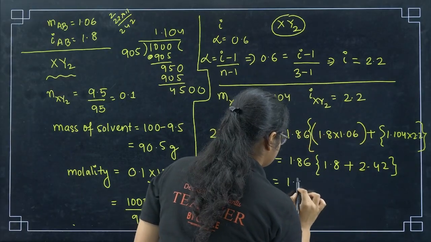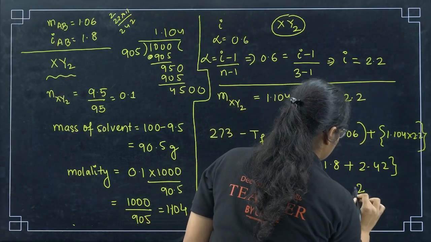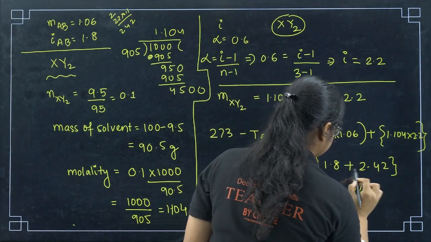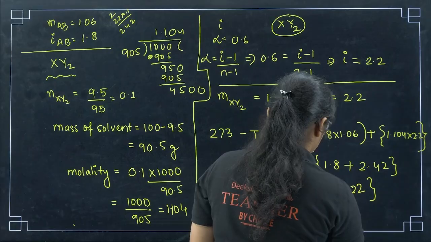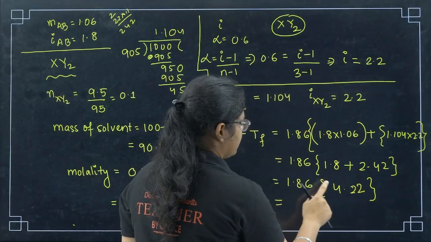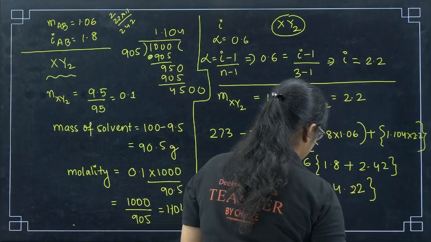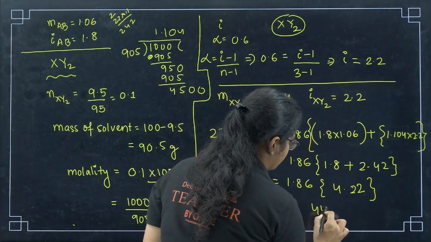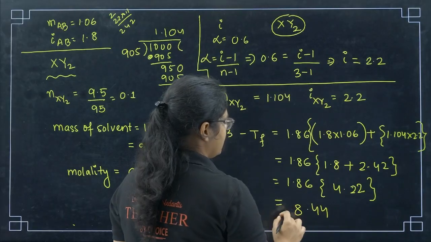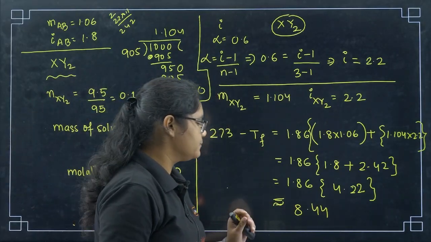So now, 1.8, so I will have 2, 8 plus 4, 12, 2, 3, 4, 4.22 something, right? And if I just multiply this 1.86 into 4.22, if I approximate it to 2, then I'll get nearly equal to 8 point something, right?